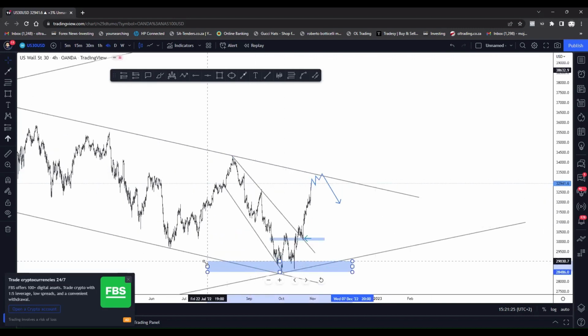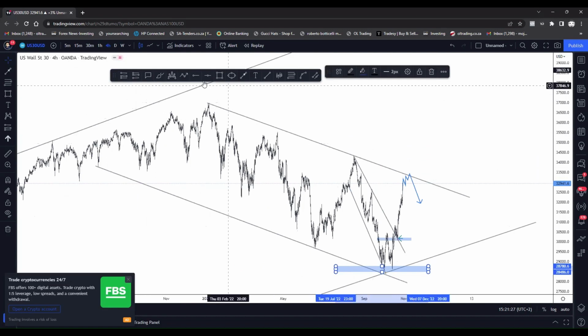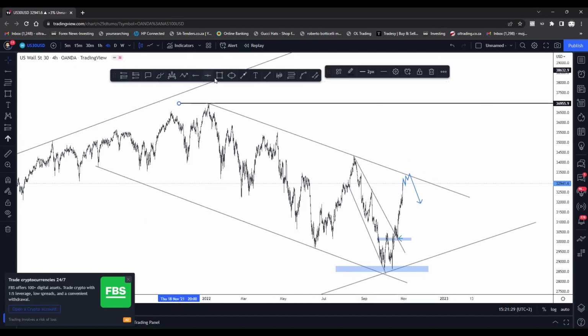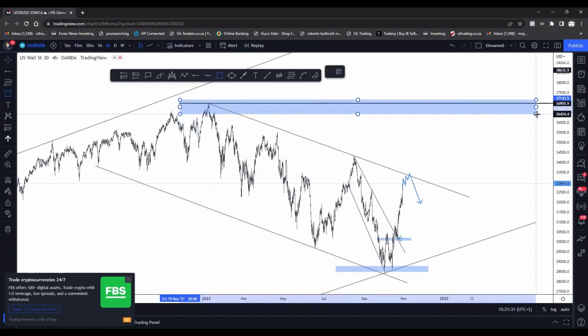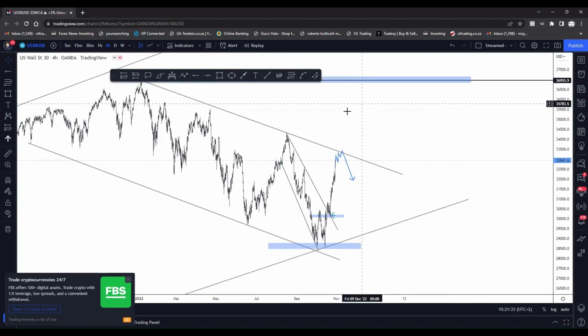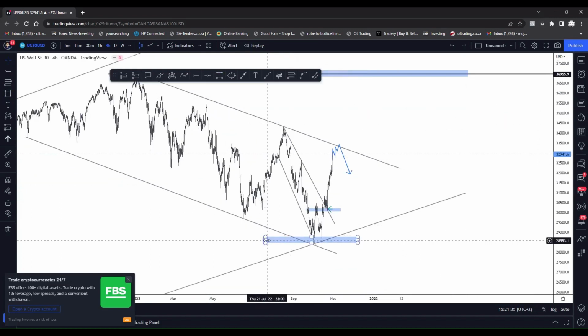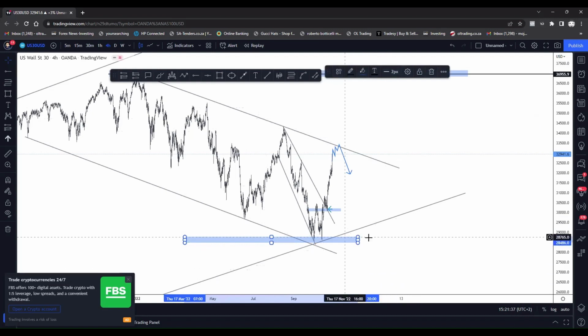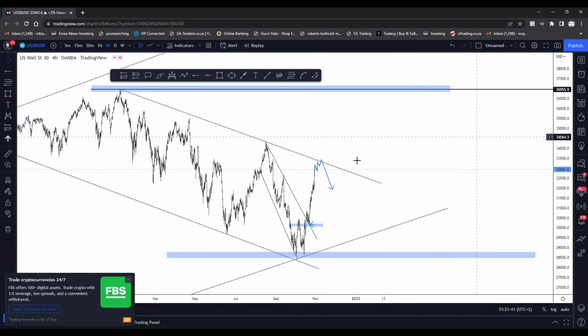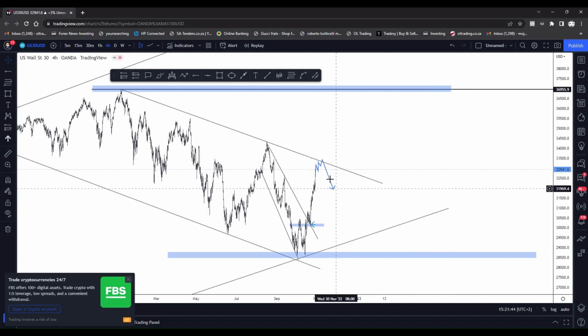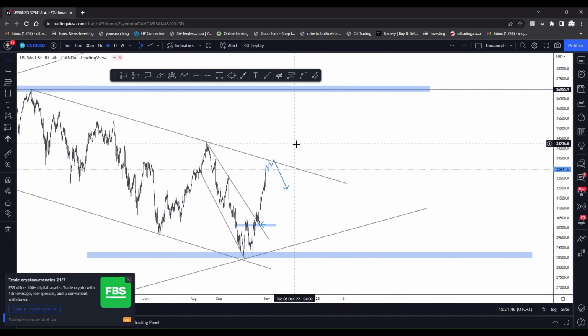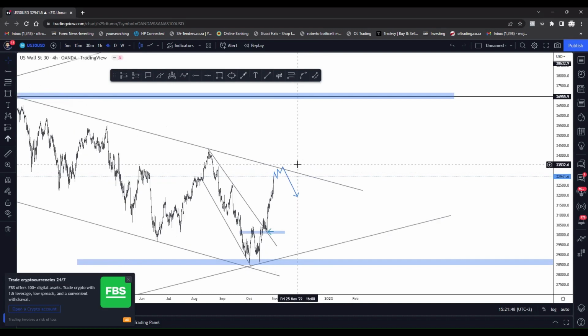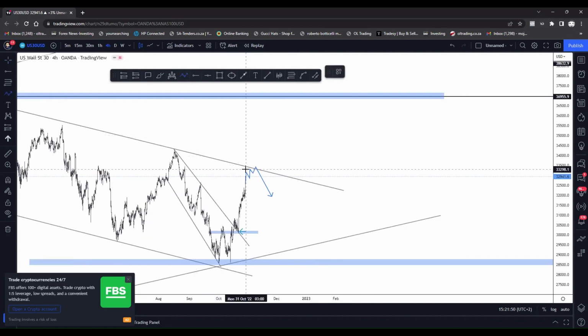So here we have supply. So the demand zone will be this one, and then here will be our supply. So it's possible that it can push further to the downside, or we break. So at the moment we are having two scenarios: can break, retest.